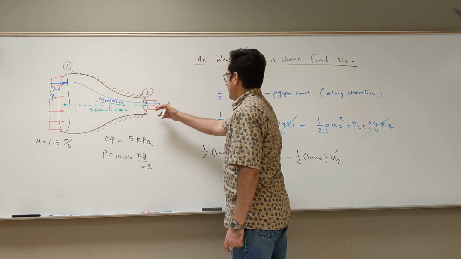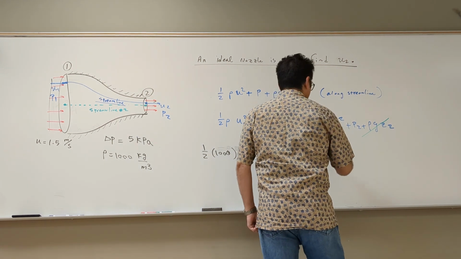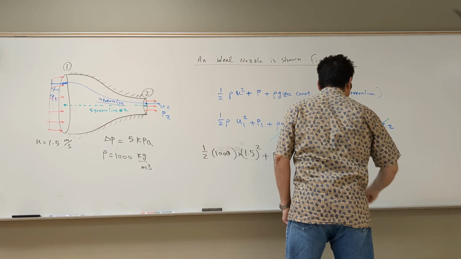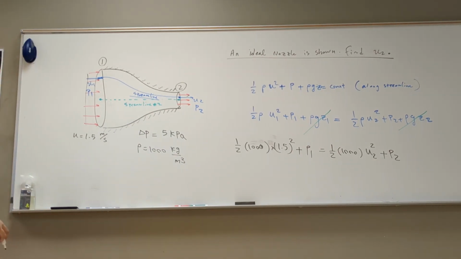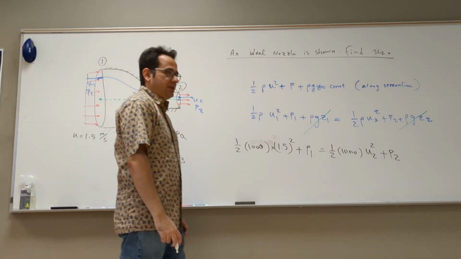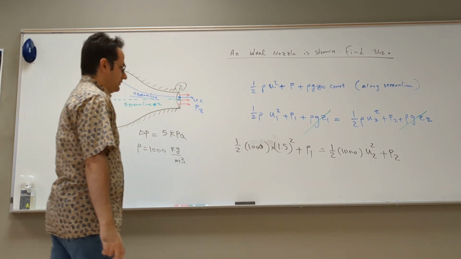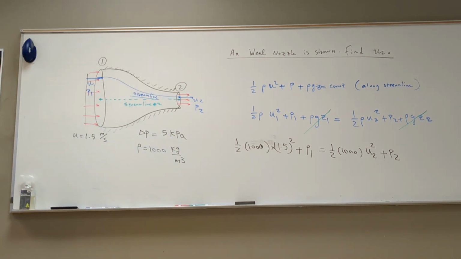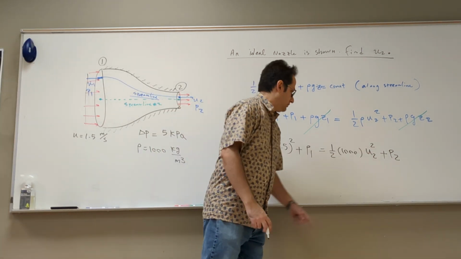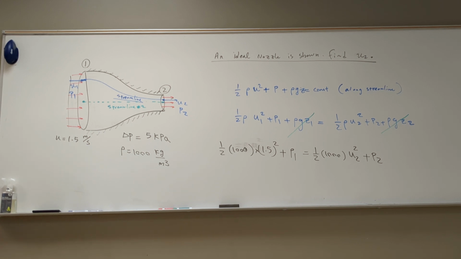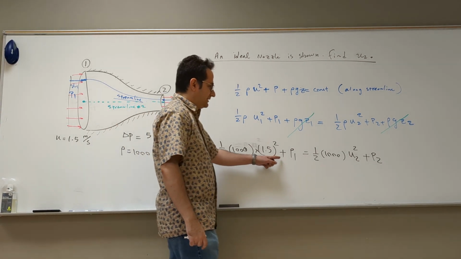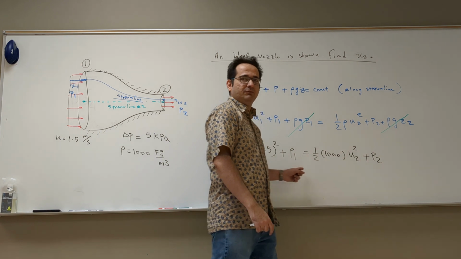I don't have u2, that's actually unknown, find u2, plus p2, and I don't have p2. Immediately, if I investigate that, I realize I have so many unknowns: p1, p2, and then u2. So what should I do here? You have delta P, so you can subtract p2. So basically the key here is you have the delta P. You don't need to have p1 and p2 separately.